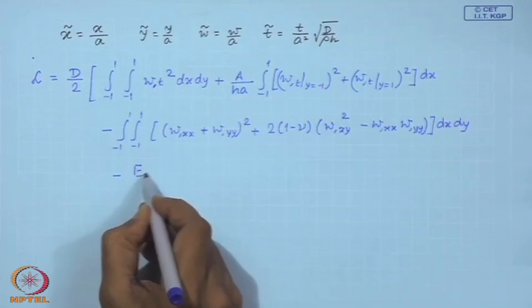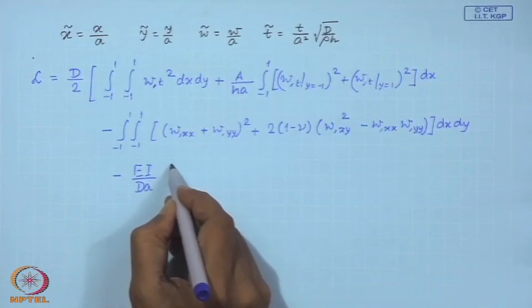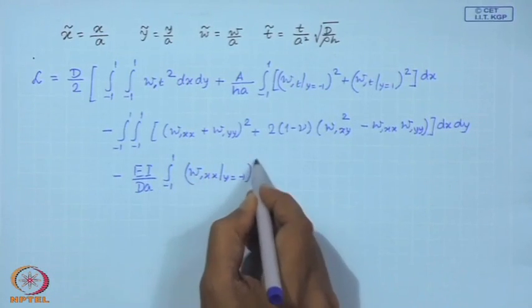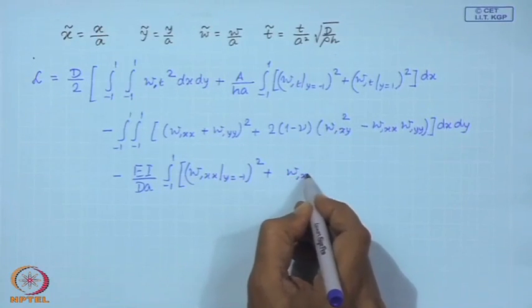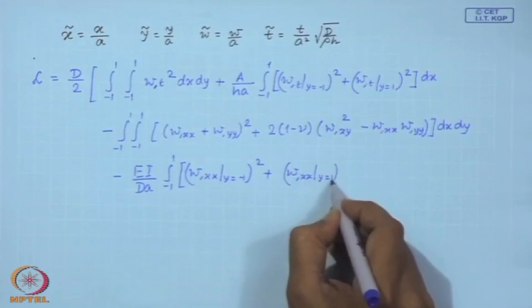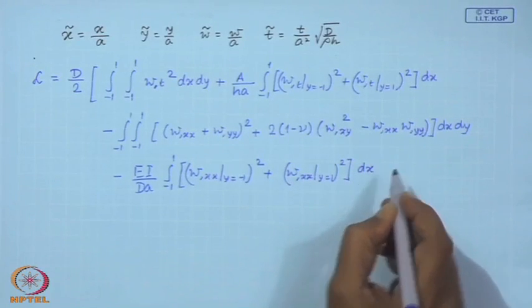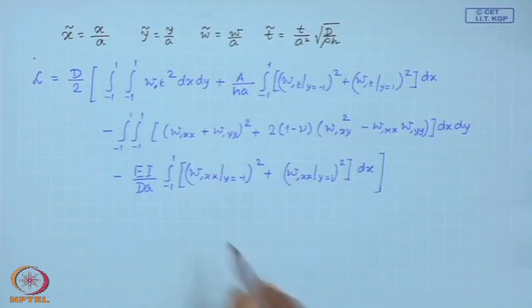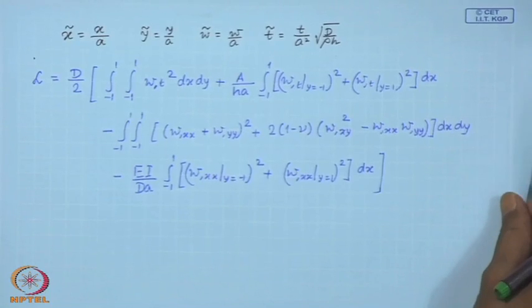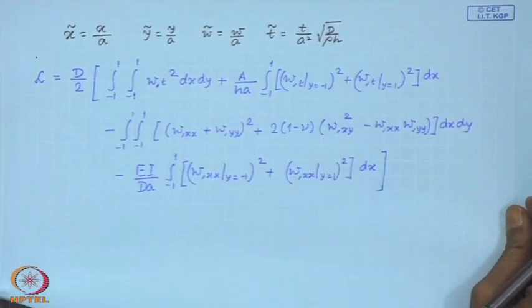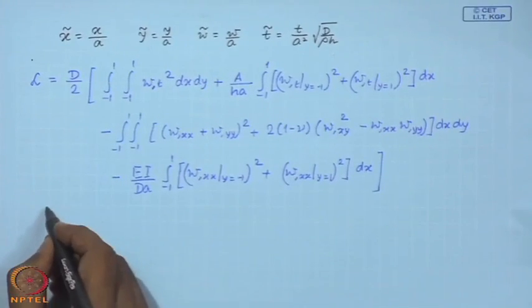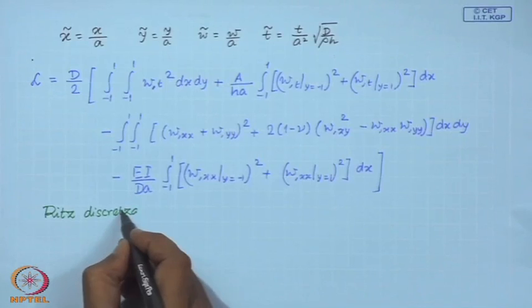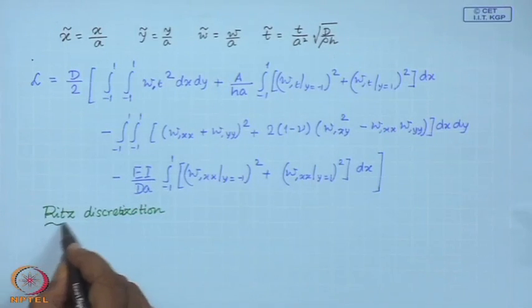and this term is for the two beams. Now, for the admissible functions for the Ritz method, we will use once again the Ritz discretization.